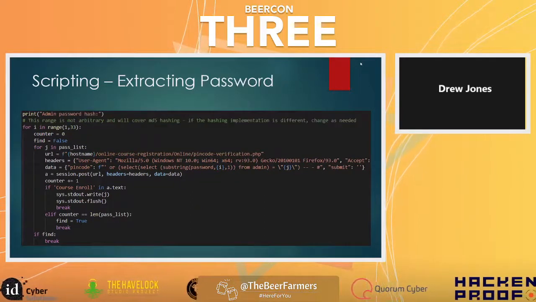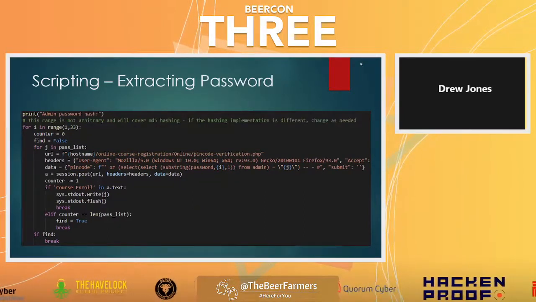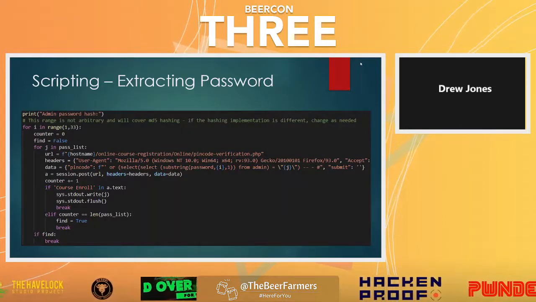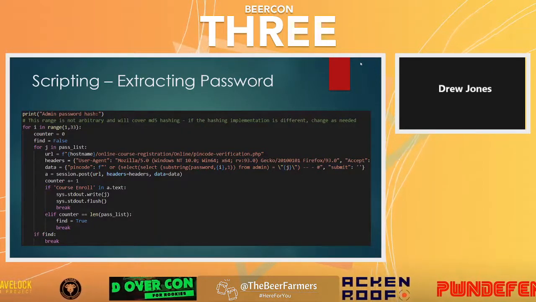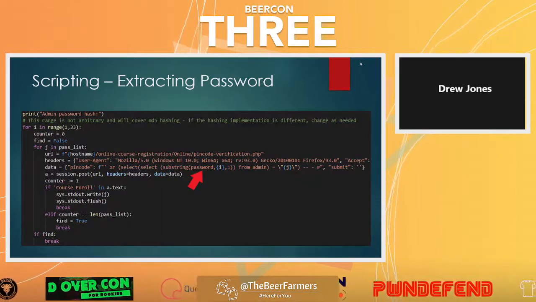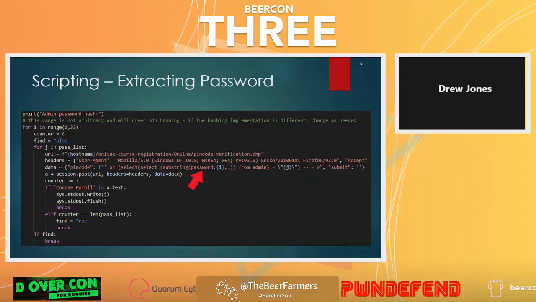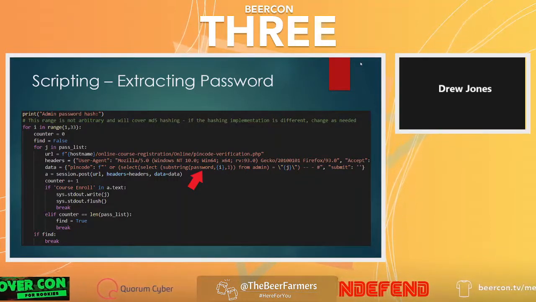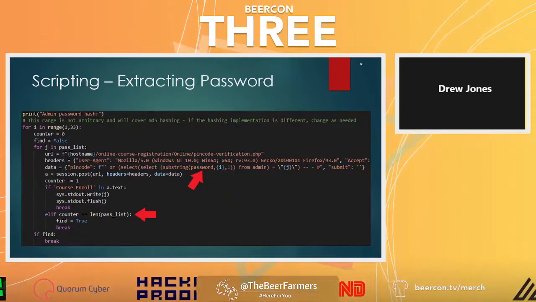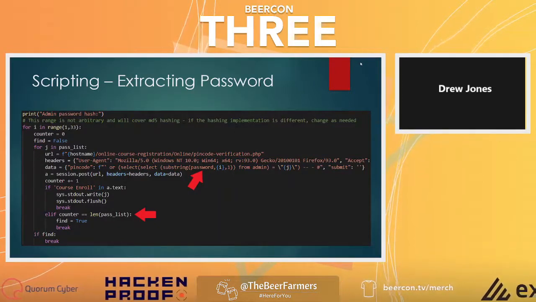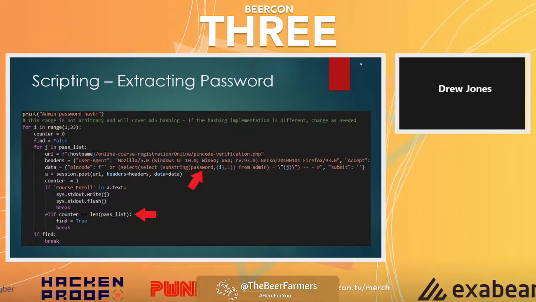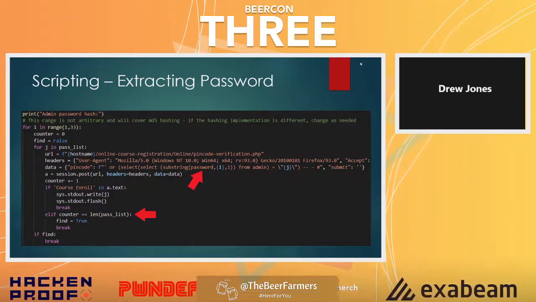So next, we performed the exact same attack to go after the password hash. The only difference here is we change the table we're attacking from username to password, and we change the length from user list to pass list, because remember we used slightly different lists just to help with the password list, since we knew it was going to be MD5.